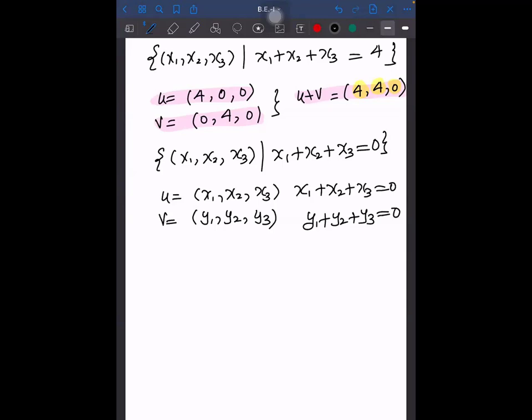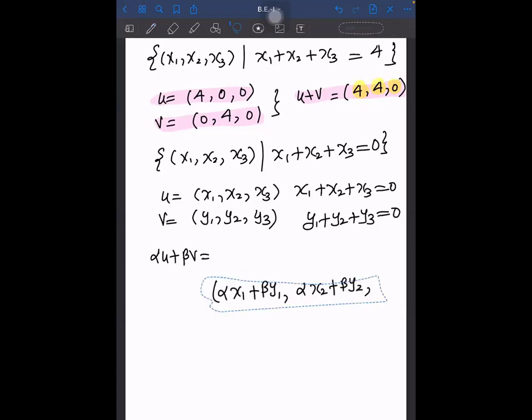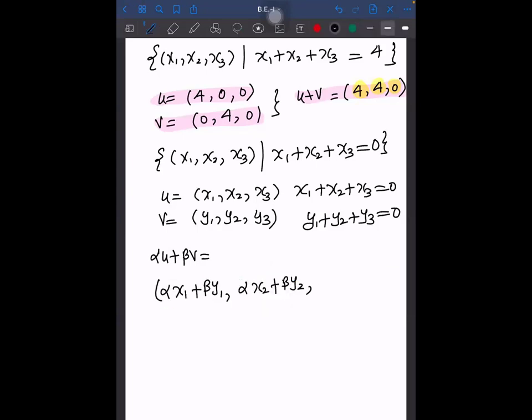Now if you take alpha U plus beta V, that will be (alpha x1 plus beta y1, alpha x2 plus beta y2, alpha x3 plus beta y3).